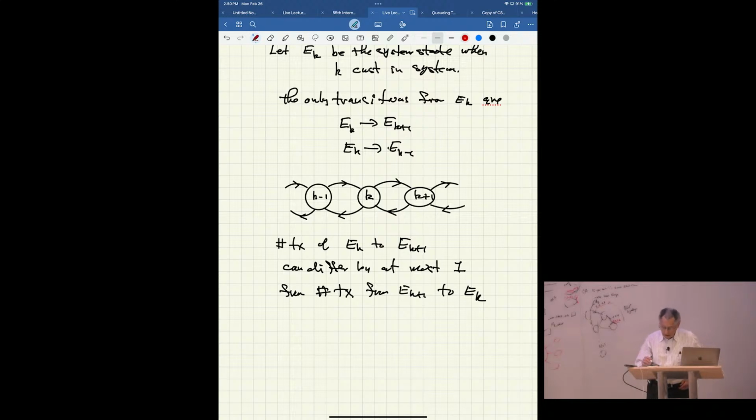And in red, I'll say that going from E_k to E_k plus 1 is an arrival, and E_k plus 1 to E_k is a departure.